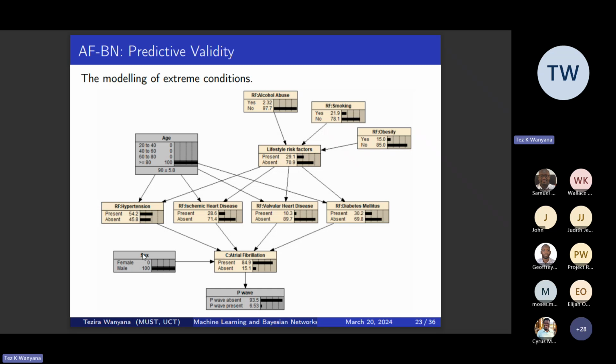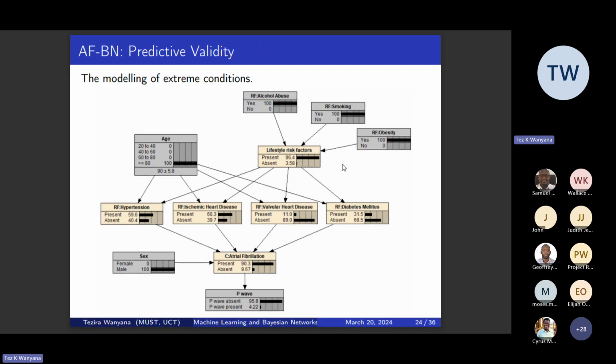those extreme conditions. So you're able to see that maybe chances are not so high, just about 50% that someone might have hypertension. But when you increase the extreme conditions and make it an old male who has a Pwave that is absent, and they also have these lifestyle risk factors, the chances of hypertension increase, but we are also seeing that the chances of ischemic heart disease also increase.